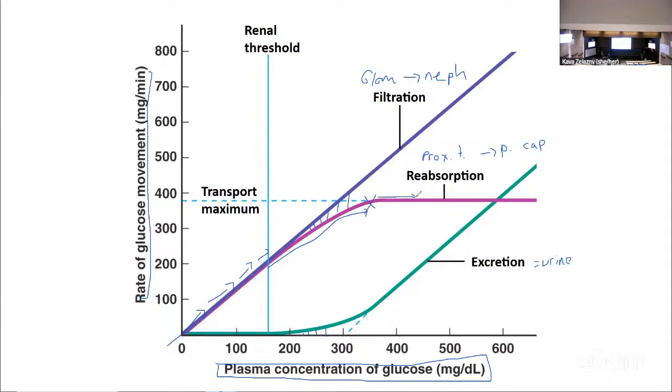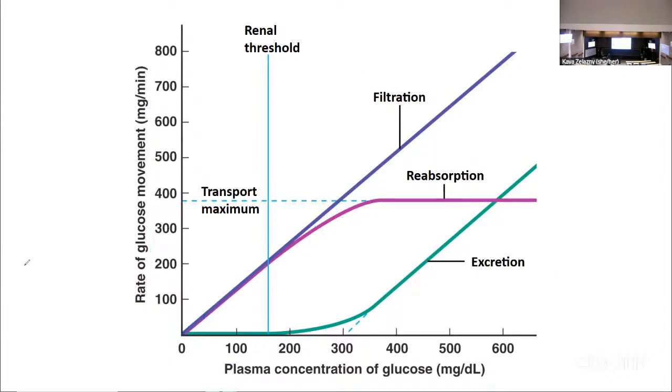There's absolutely no possibility that we could move any more glucose into the blood. All our carriers are saturated. So any extra glucose that is getting filtered in, all of it gets excreted. That's why, as this line flattens off, this excretion line starts to match that straight filtration line, because every bit of that excess is getting peed out.